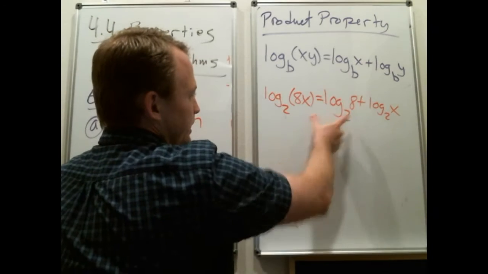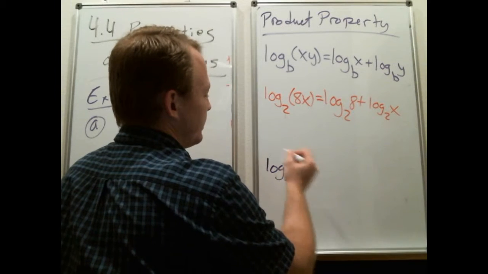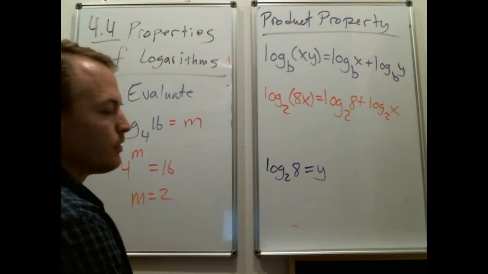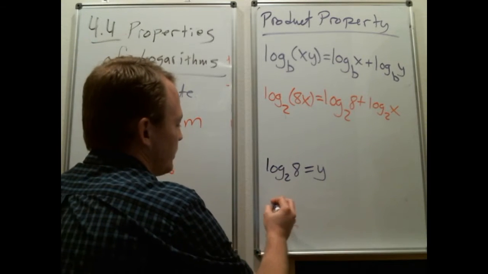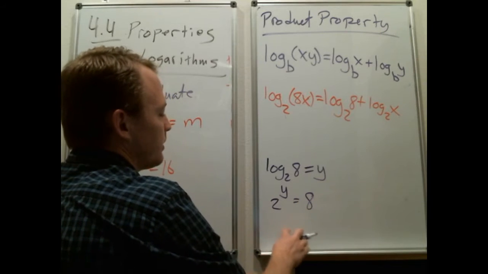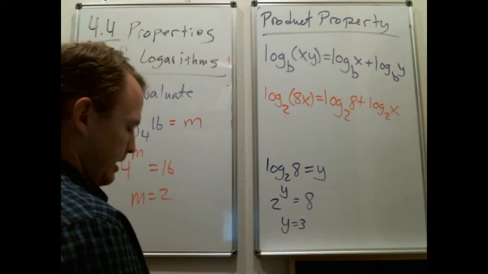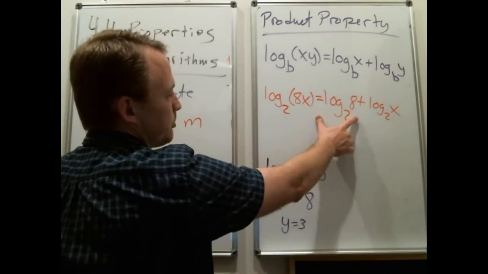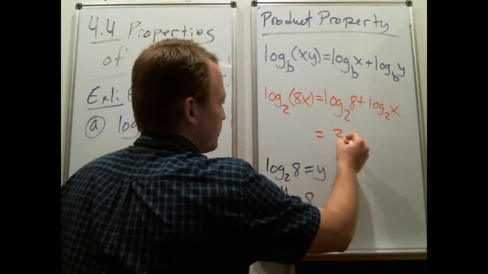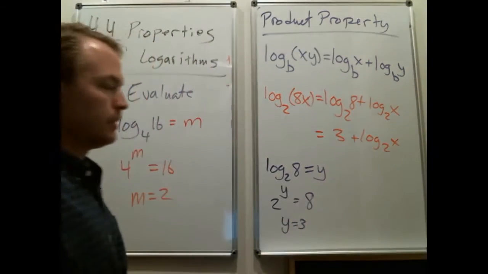Just set it equal to something, just like we did in example 1. We'll set it equal to y. My base is 2, my exponent's y, and that's equal to 8. So that means y has to equal 3. And so you replace log base 2 of 8 with 3. So 3 plus log base 2 of x.